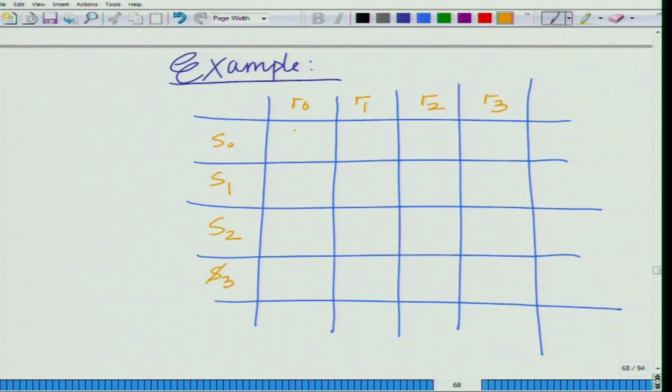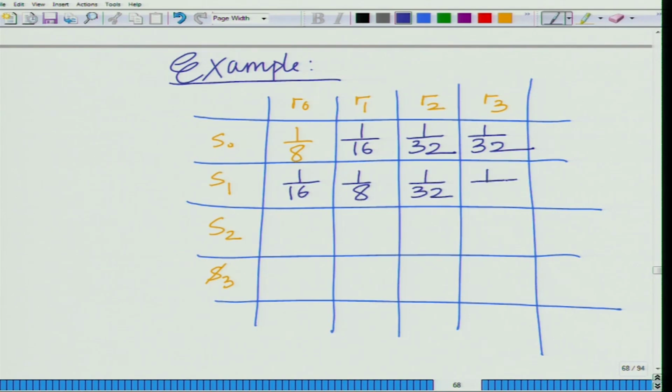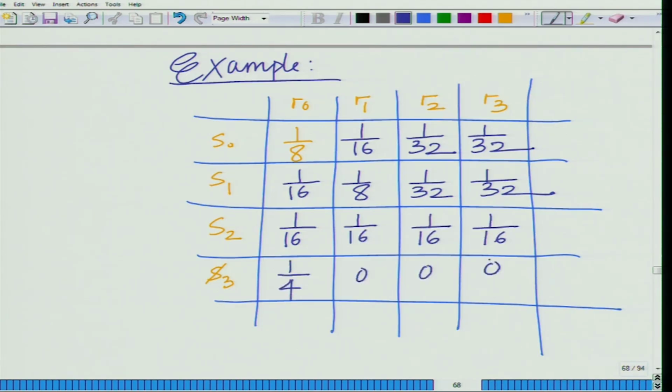The joint probabilities are 1 by 8, 1 by 16, 1 by 32, 1 by 32, 1 by 16, 1 by 8, 1 by 32, 1 by 32, 1 by 16, 1 by 16, 1 by 16, 1 by 16, 1 by 4.